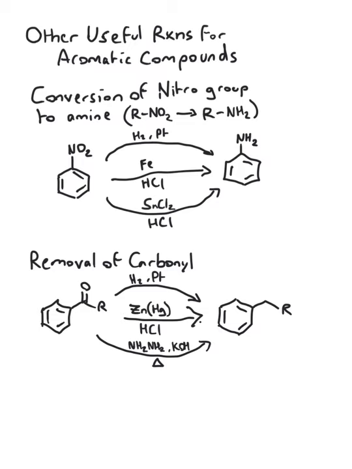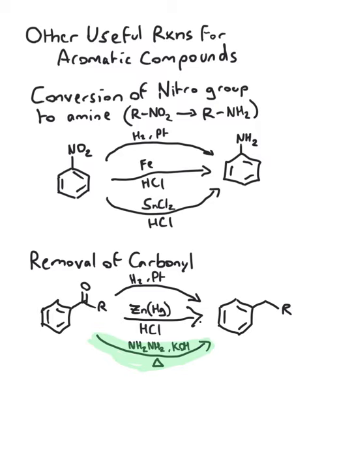Now that is the best option, the bottom one, hydrazine with KOH and heat, because there is no overlap with any other reaction that we need to be concerned with. So for example, as you can see, the hydrogen and platinum was already being used for the conversion of the nitro group into the amine.